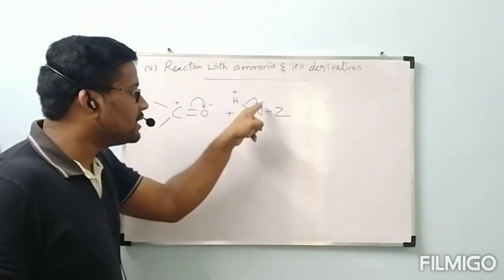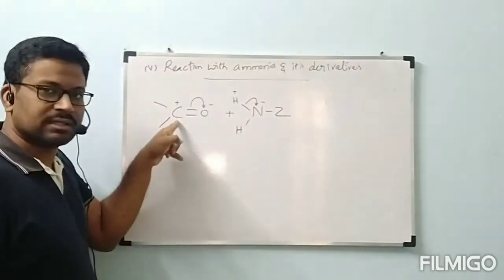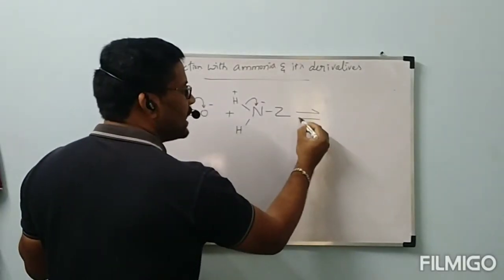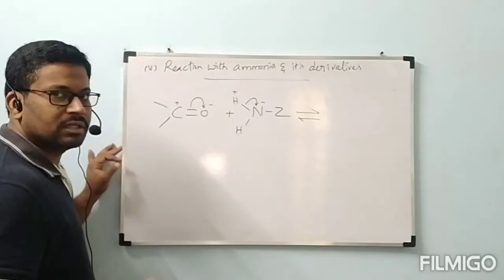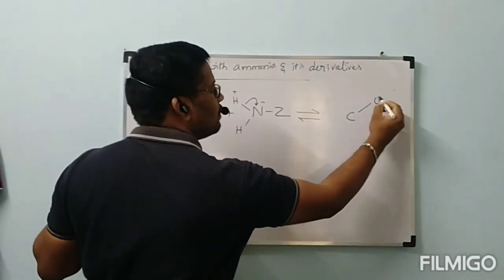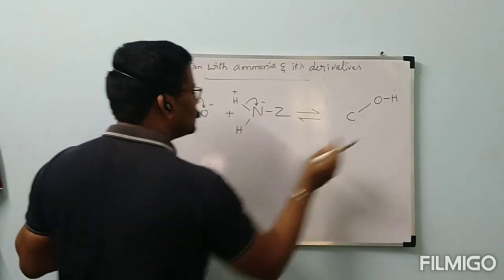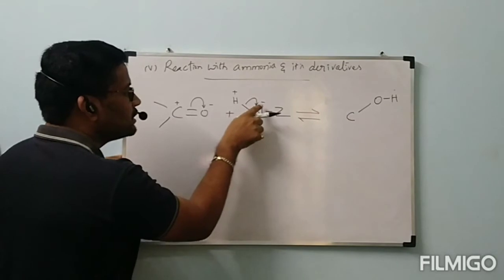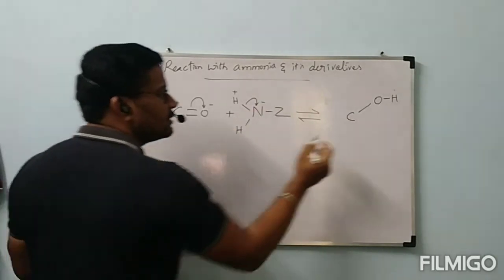Next, this N minus will attack C plus. This is a reversible reaction. O minus will attack this H plus to be formed as OH. Next, this N minus will react with C plus.